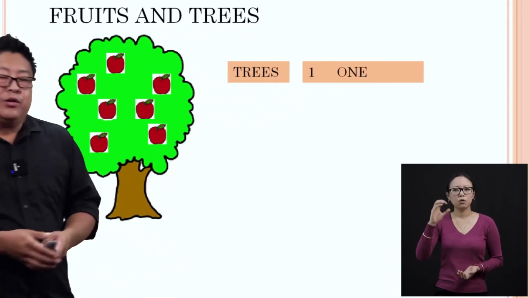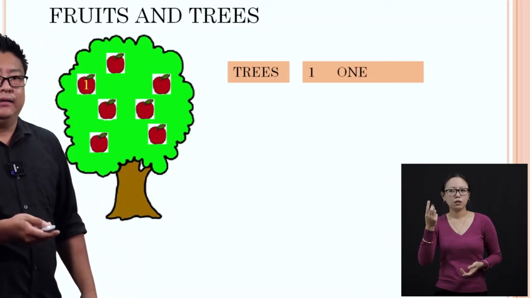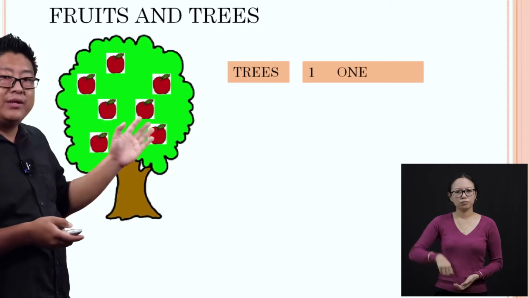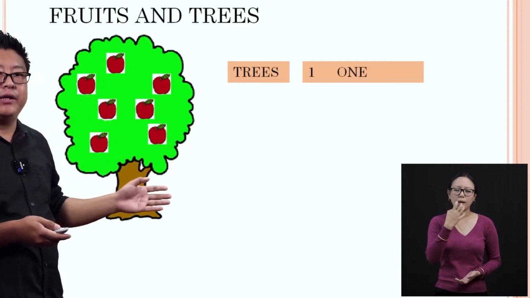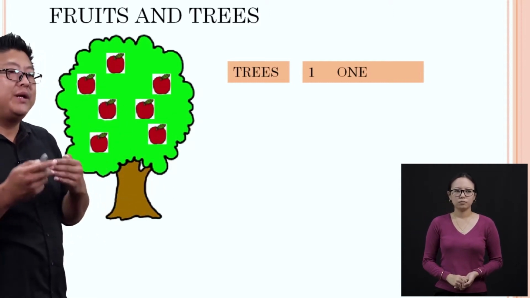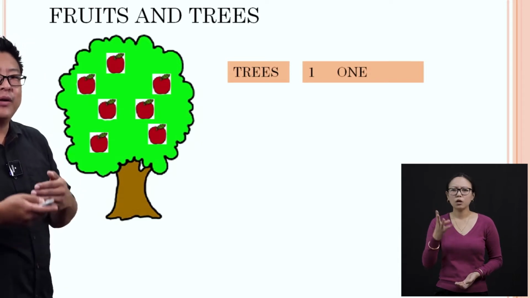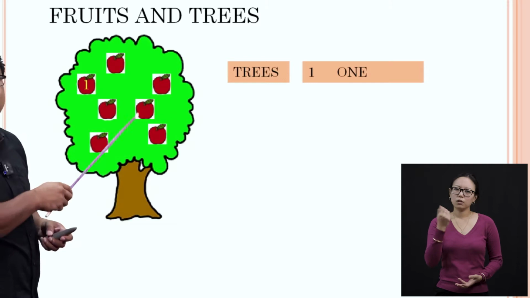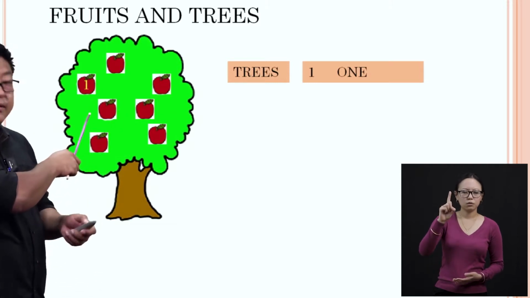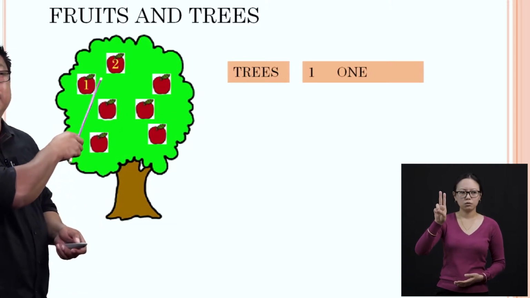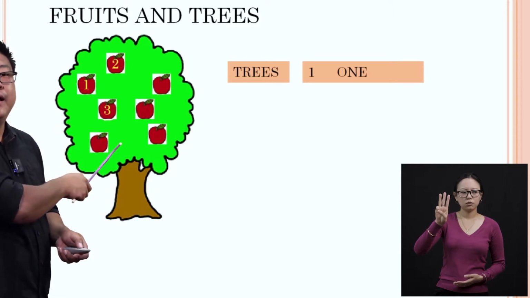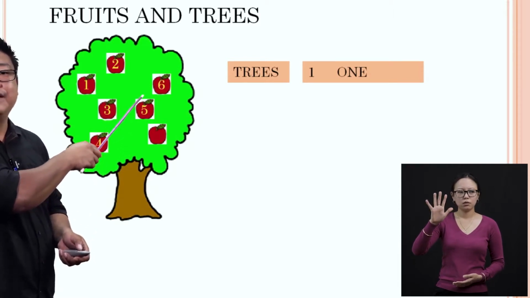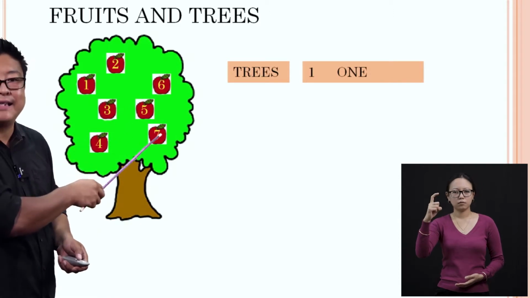All right? So let's look at the next object that is here. We will count the number of apples on this tree, all right? To count, we always start from 1, right? So let's start counting the apples together. So we have 1 apple and 2 apples, 3 apples and 4 apples, 5, 6, 7.